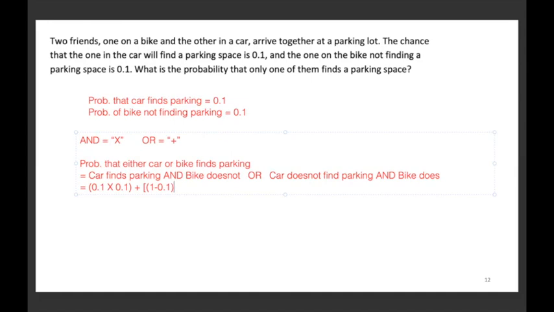So the probability of the car not finding a parking space is 1 minus 0.1, multiplied by the bike does, so again 1 minus 0.1. So this comes to 0.01 plus 0.81. It comes to 0.82, which is the answer here. So the probability that either one of them finds a parking space will be 0.82.